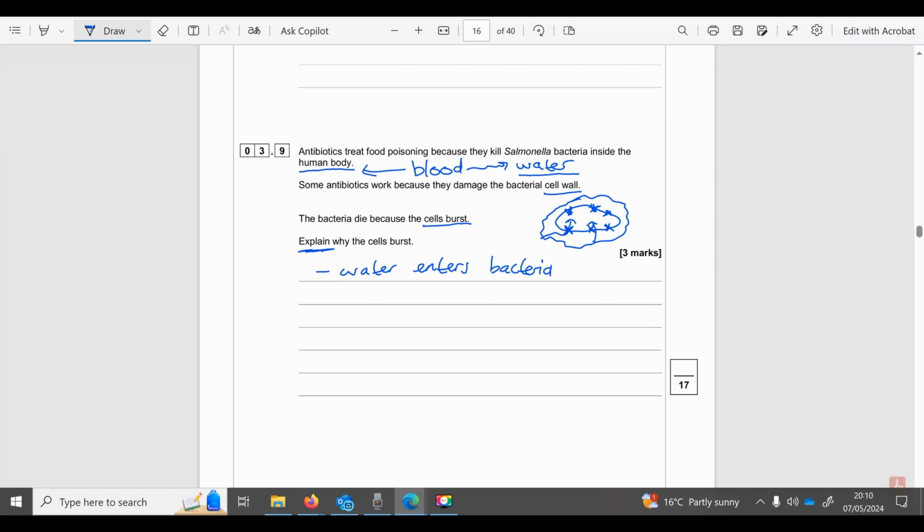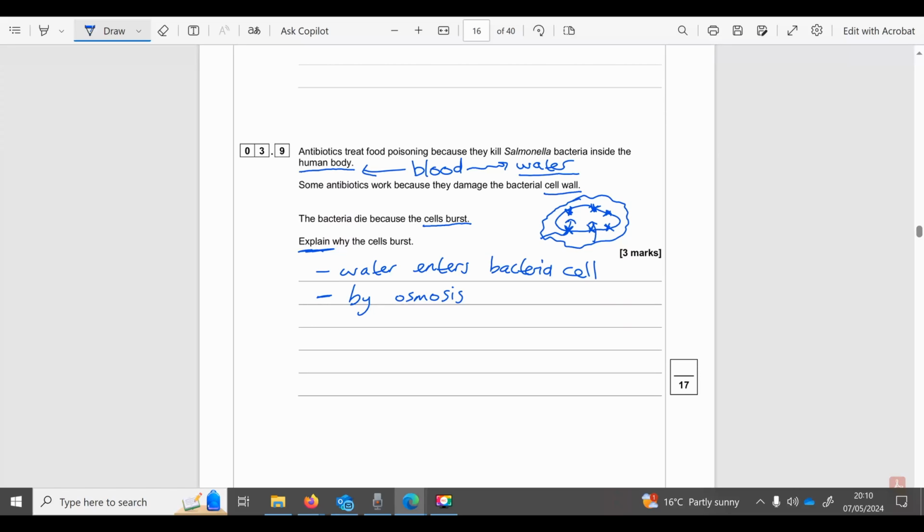We have to remember now that we have to explain ourselves. So how is the water going to enter the bacterial cell? Well, every time you start to think of water in biology, you should always be thinking about osmosis. So it's going to enter the cell by osmosis.